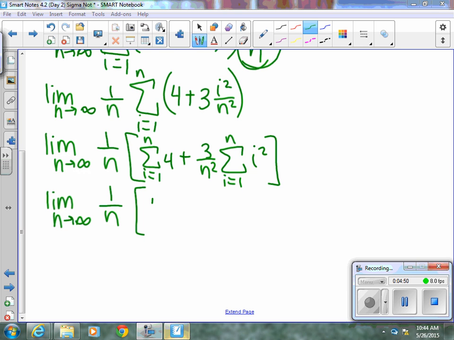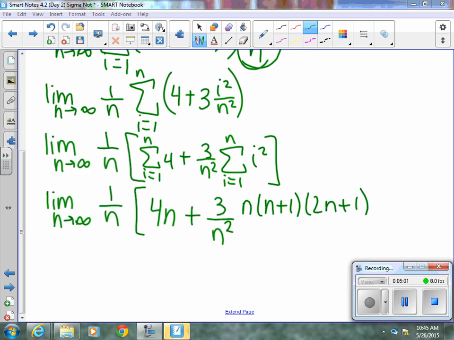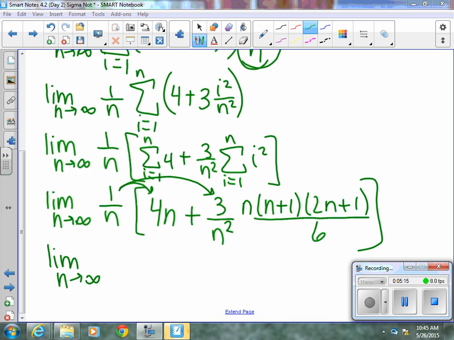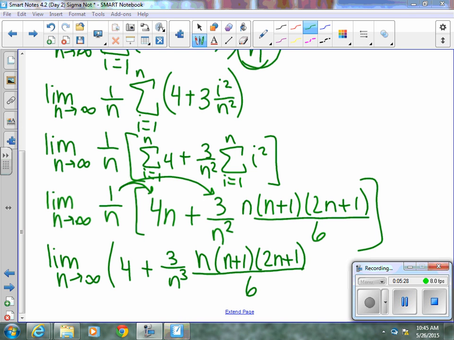The summation from i to n of 4 is just 4n, plus 3, keep your 3 over n squared, and our summation for i squared is n times n plus 1 times 2n plus 1 all over 6.